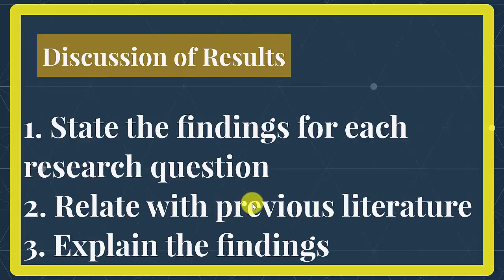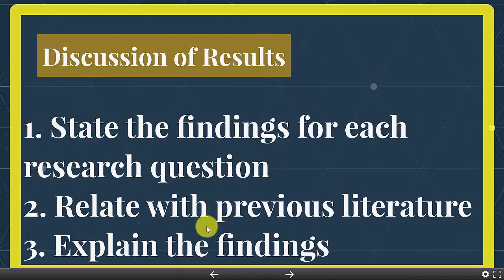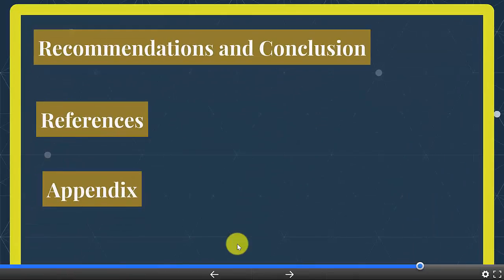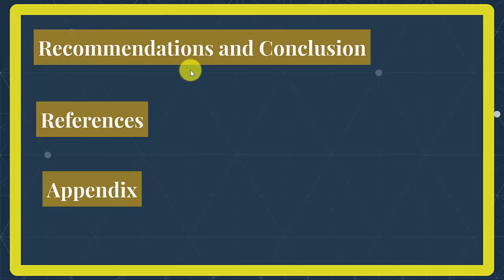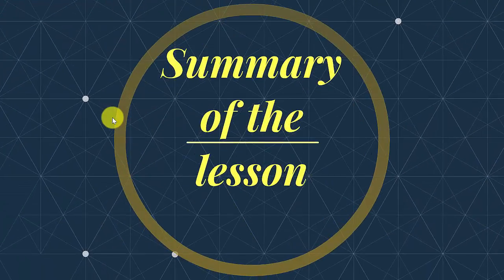Then you have to explain your findings. In explaining your findings, you will find the comments of the students very helpful in this regard. Then you provide your recommendations. Recommendations can also come from the recommendations from the students, and then you provide the conclusion, and then references, and then you have the appendix.